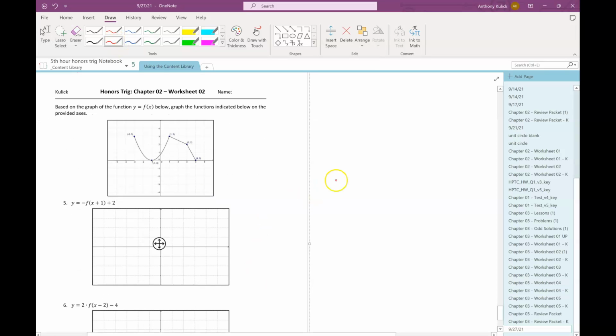Okay, so the key here is I'm going to be using this to transform my points from F into its transformation.